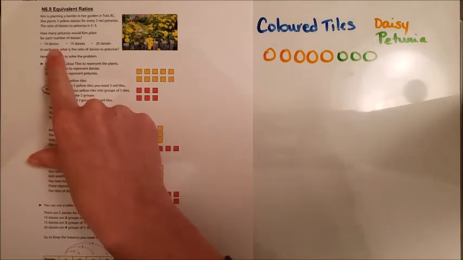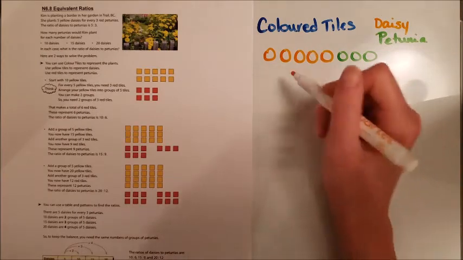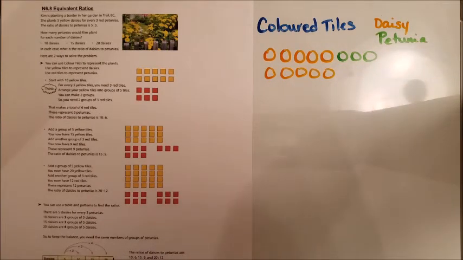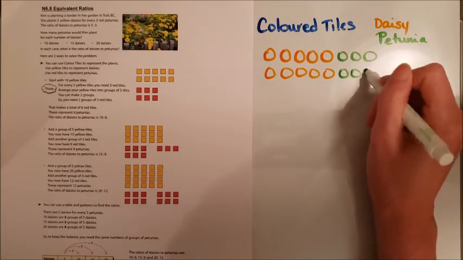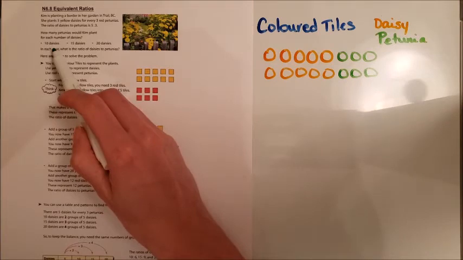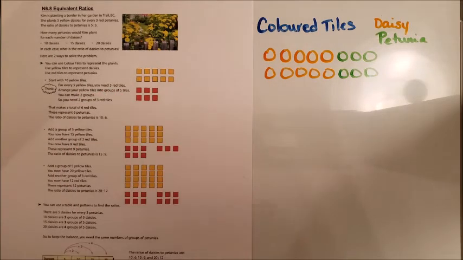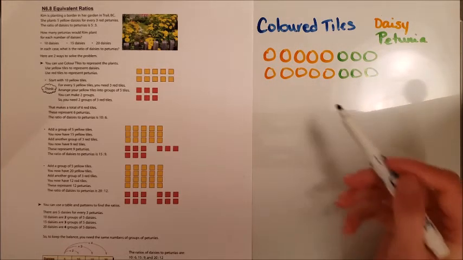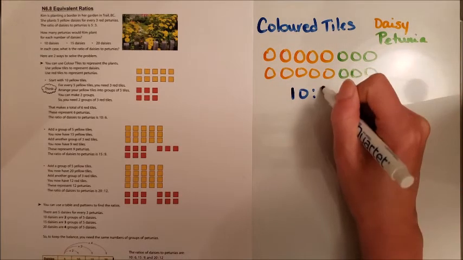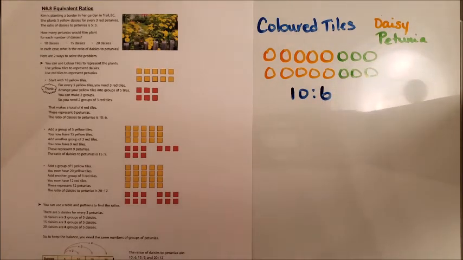Now I'm not at 10 daisies yet, so I'm going to keep drawing. 1, 2, 3, 4, 5, and 3 petunias. Now I have my goal of 10 daisies, so I'm going to stop. The question asks, what is the ratio of daisies to petunias? So in this case, I have 10 daisies to 6 petunias.